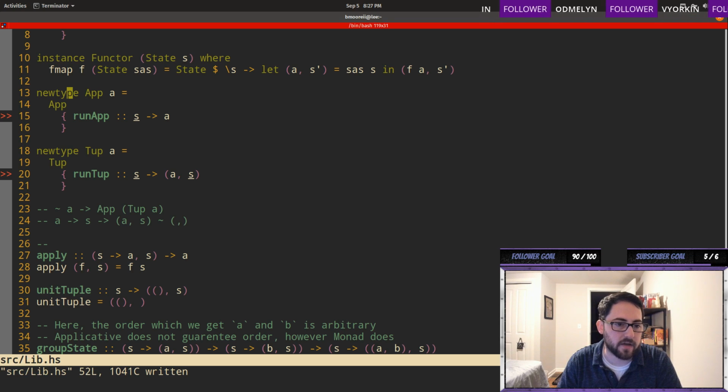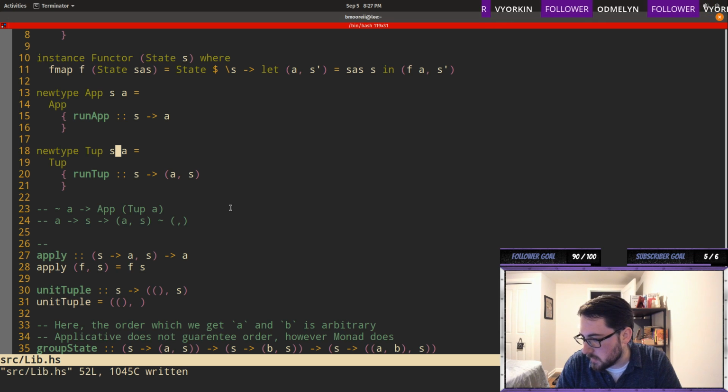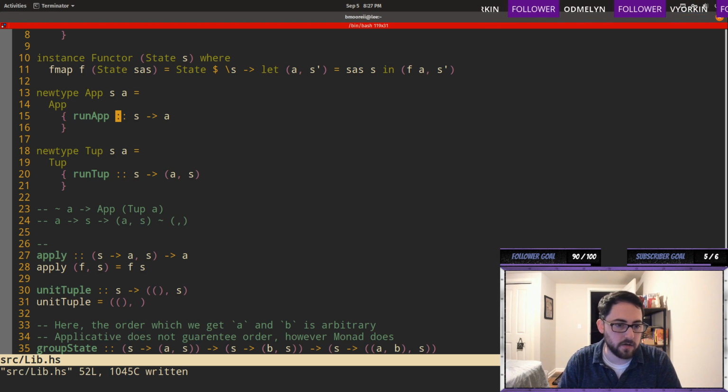Oh, I still need S. Right. I can't just write that. That doesn't work. It's very obvious after I finish writing it. Right, because I need to do F maps.